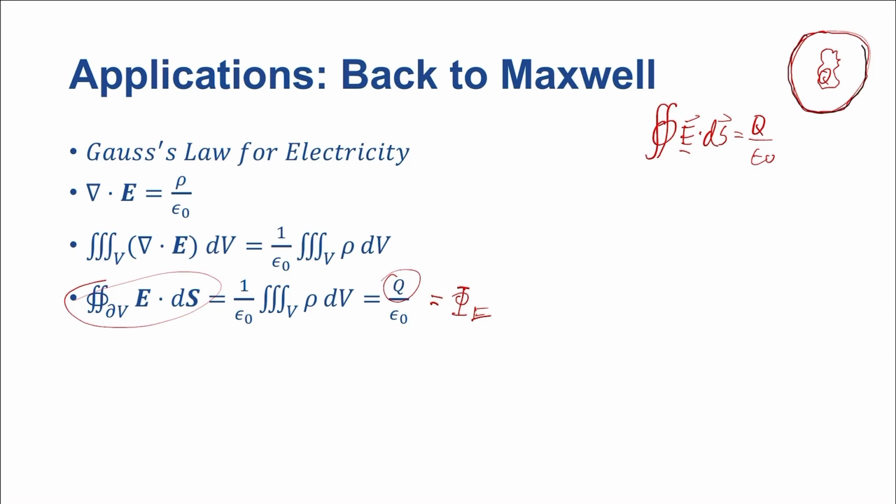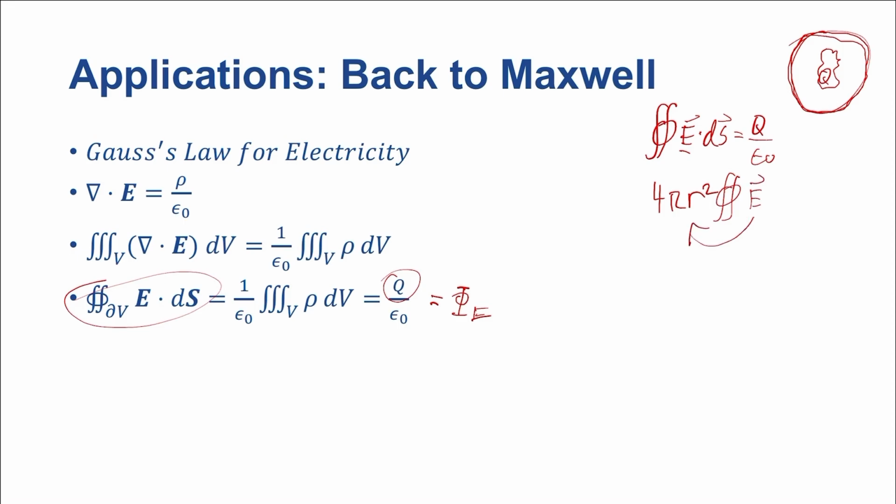Usually you use a sphere, you could use a cube, you could use a cylinder to surround your charge distribution. The reason that you do this is that the surface integral just becomes, for a sphere, 4 pi r squared times the double integral over E, but E is constant.